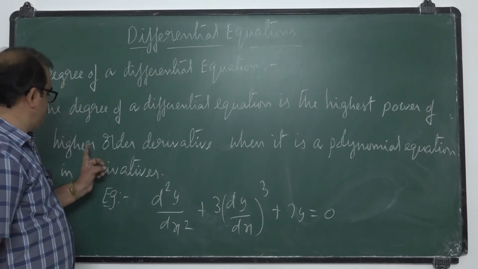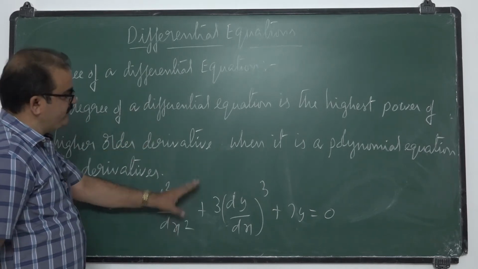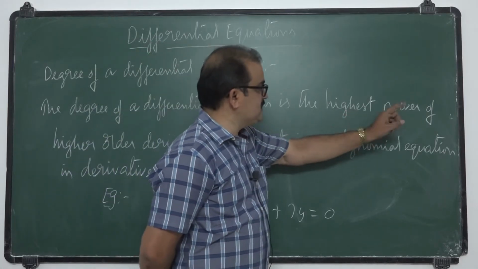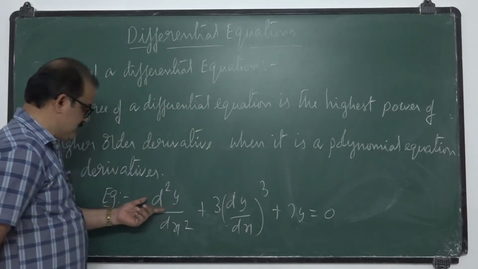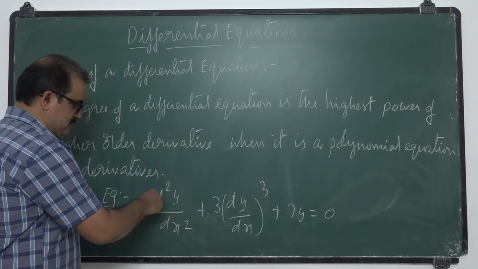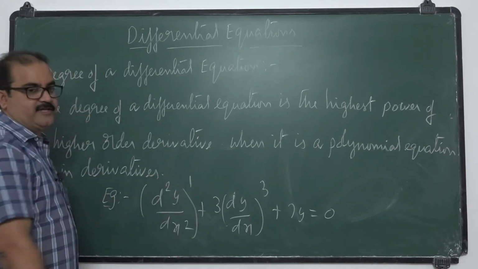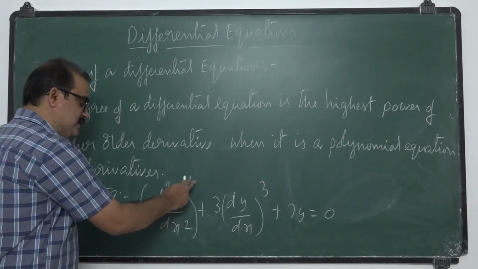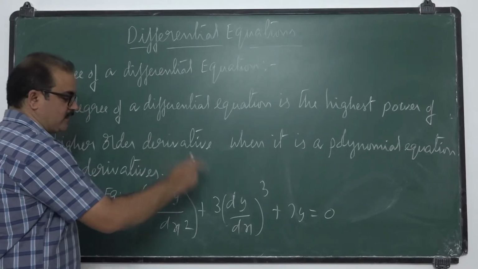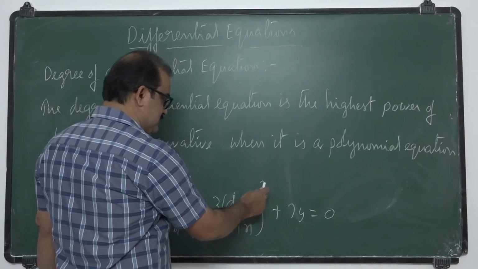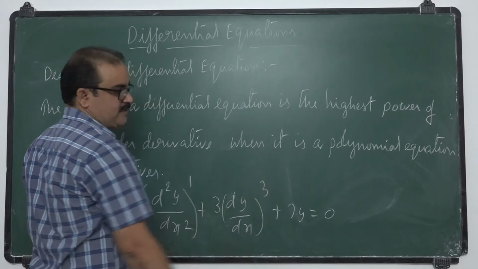See here, the degree of a differential equation is the highest power. So, what is the power of this second order derivative? If it is not given, generally we take 1. 1 is the power of second order. See, 3 is the power of first order.